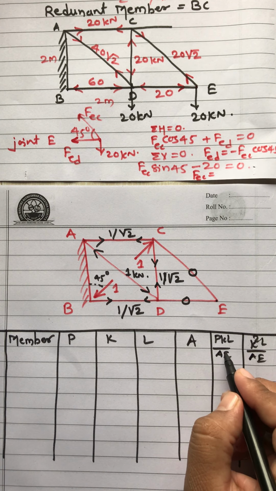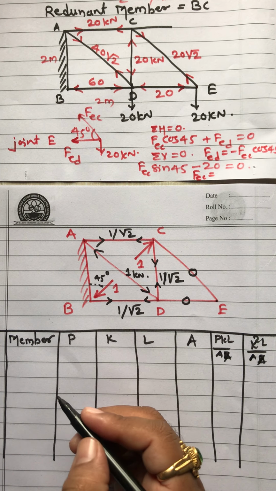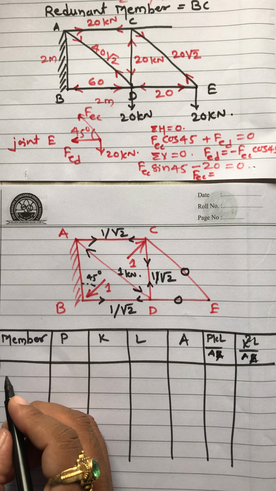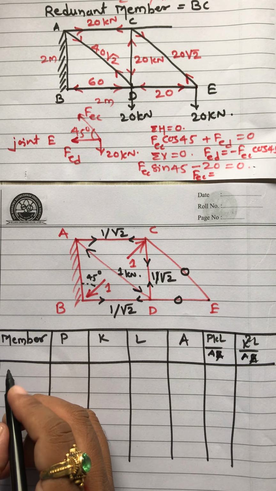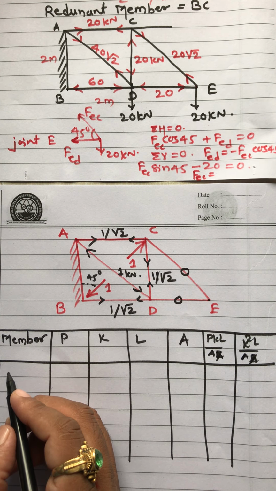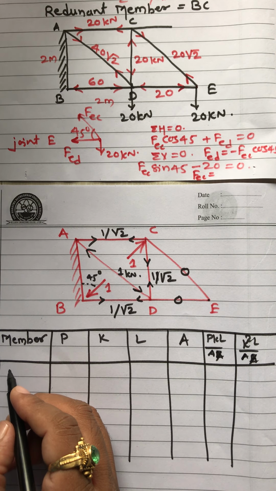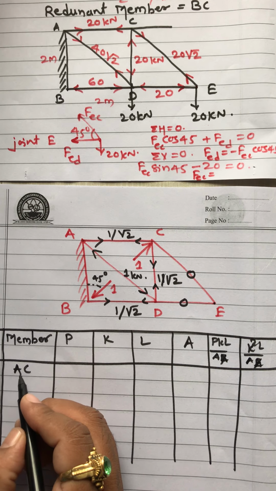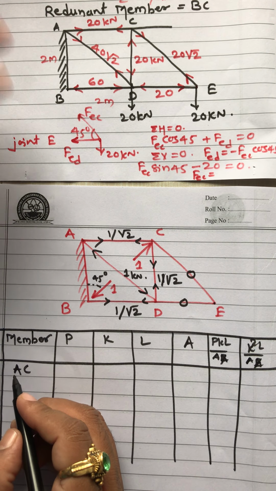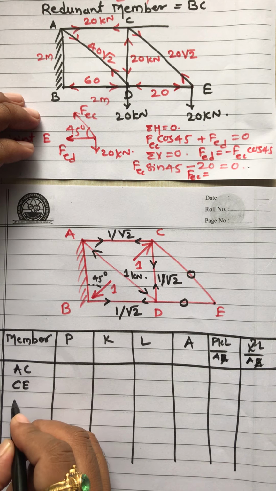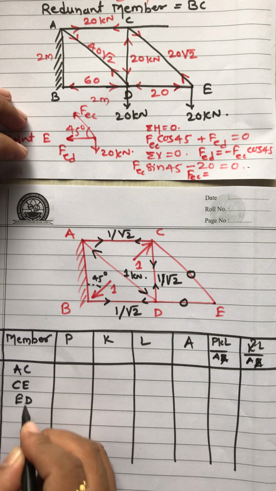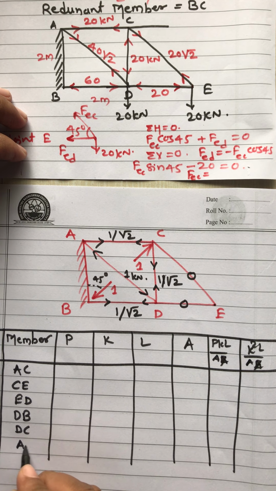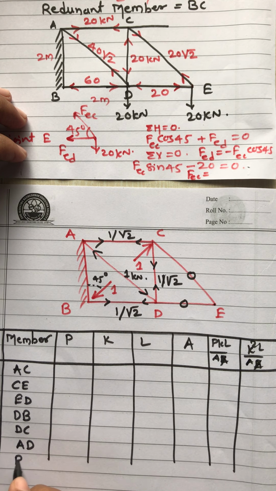E is the same, so I will not take E here because it automatically gets cancelled out. So the members, first one is AC, then CE, then ED, DB, DC, AD and BC.